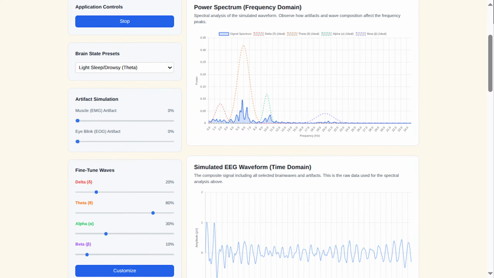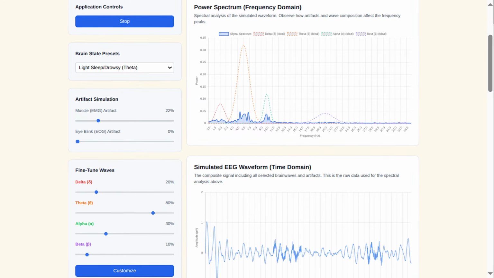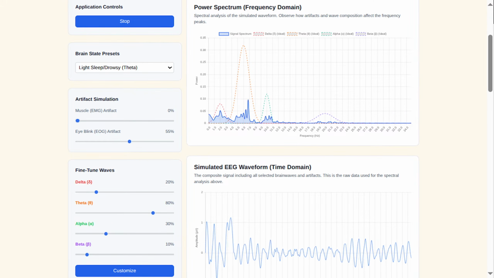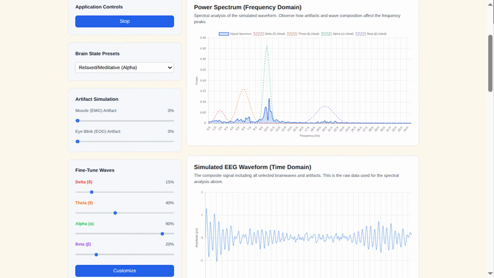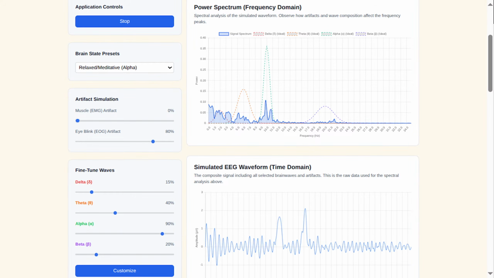A toggle for recording modality. A 10-20, high density. ECoG grids, strips. Place electrodes interactively on the head. I don't know if it will work.